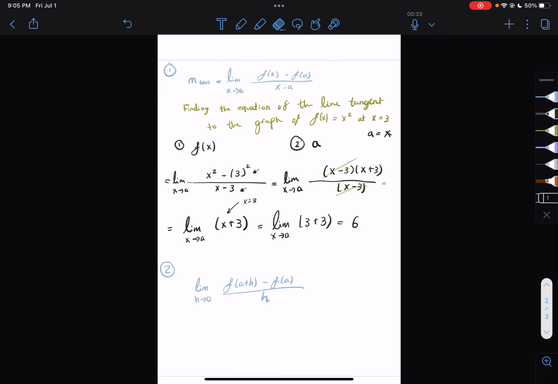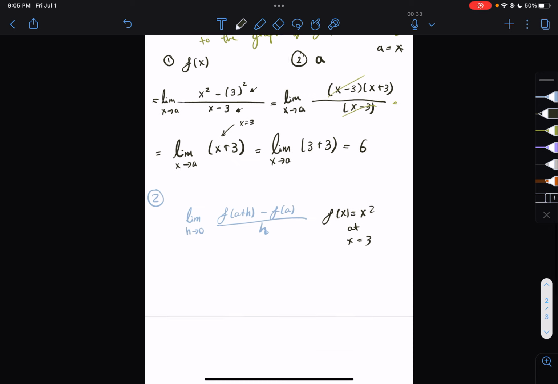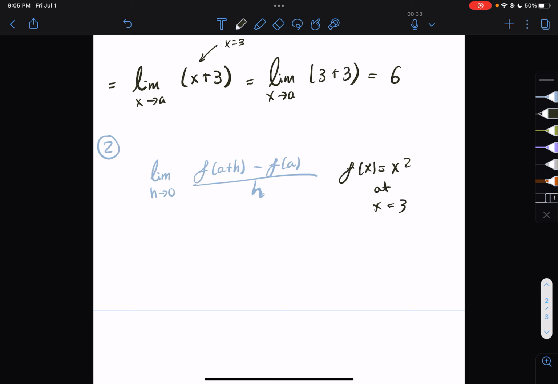And we're going to use the same information above. So I'm just going to rewrite it here. So in this case, x is being substituted for a plus h. And now, firstly, we have to find our f of x, I'm sorry.